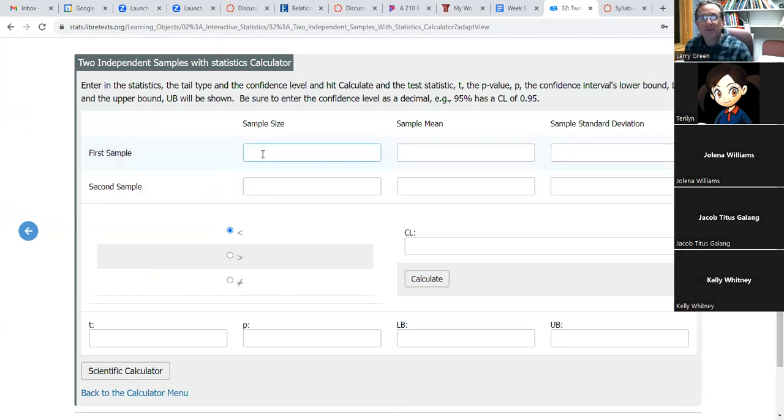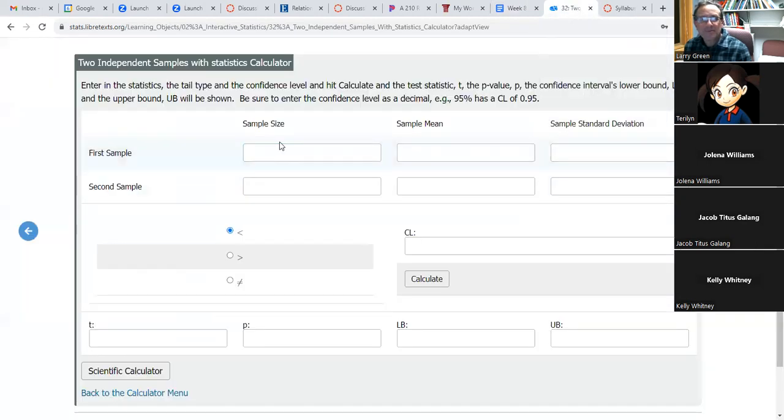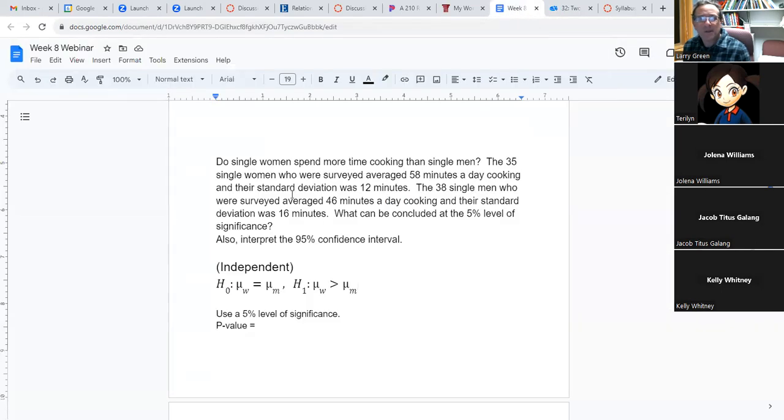Okay, for the first sample, that would be the women first. And for the women, the sample size was 35. The sample mean was 58, and the standard deviation was 12.